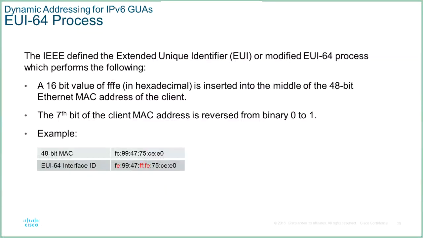Basically we slot FFFE in the center. If you remember, the first half identified the vendor, the second half identified the network card. To increase that from 48 bits to 64 bits, we add 16-bit values of FFFE into the center, and if the 7th bit's a 0, it'll change it to 1.